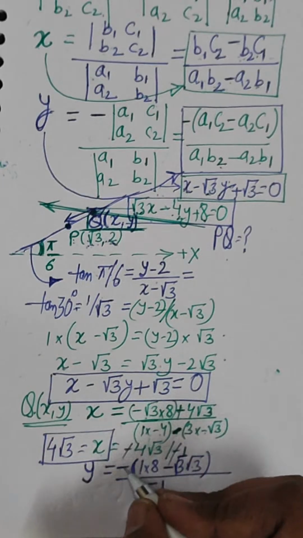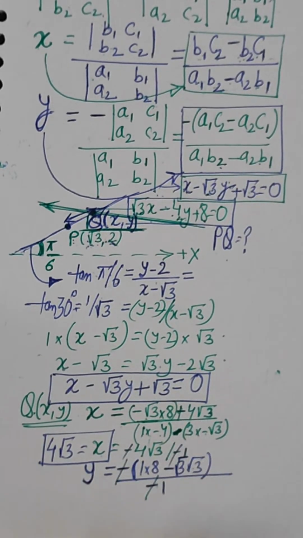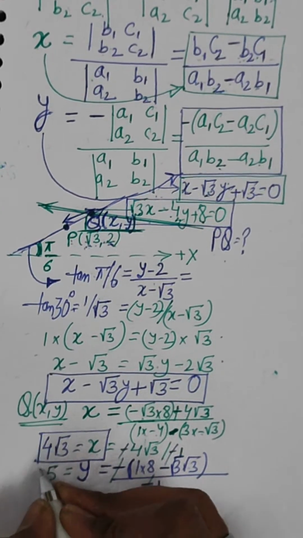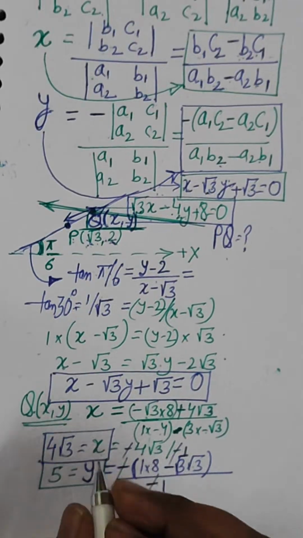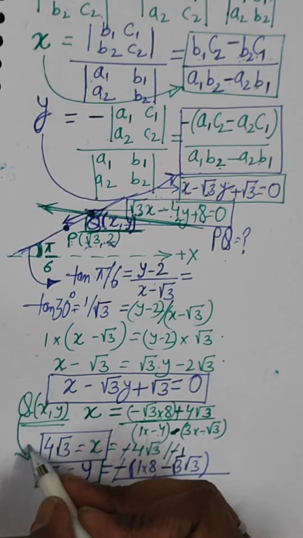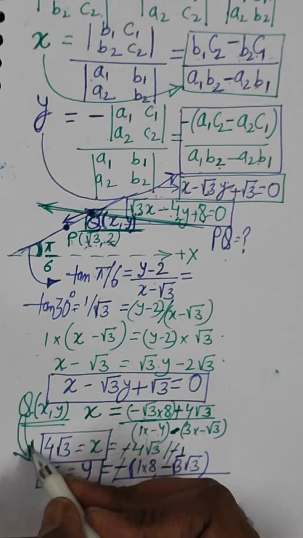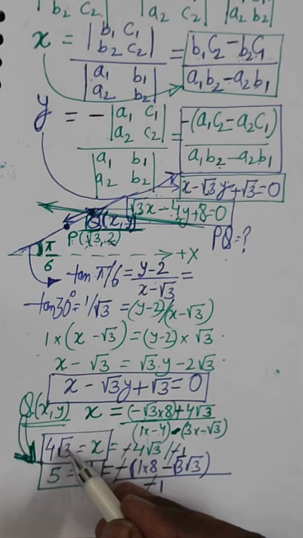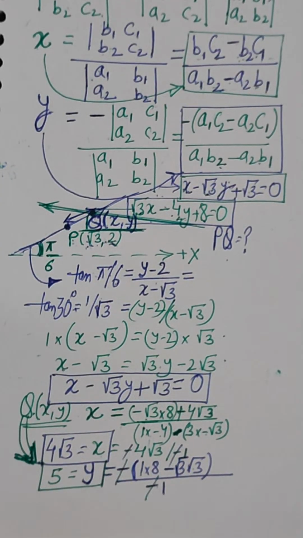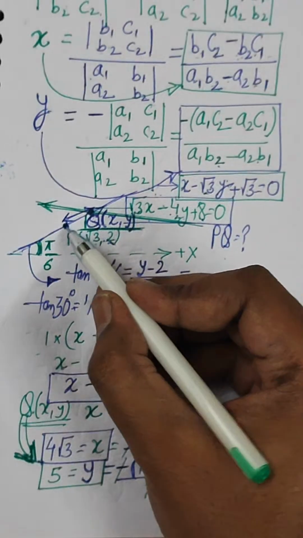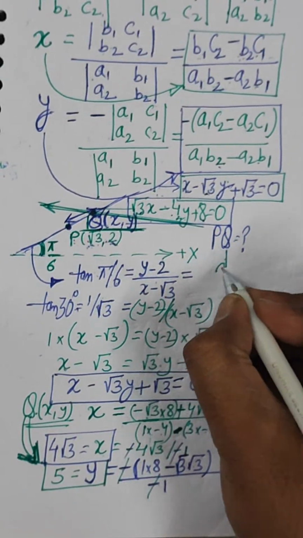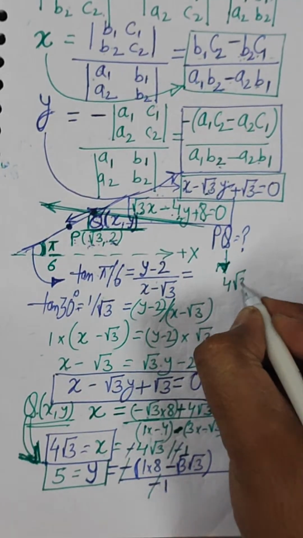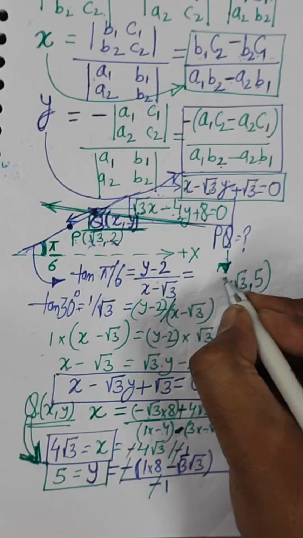Minus and minus will be cancelled out, and we get the value of y as equal to 5, right? So the point of intersection Q is 4 root 3 comma 5.